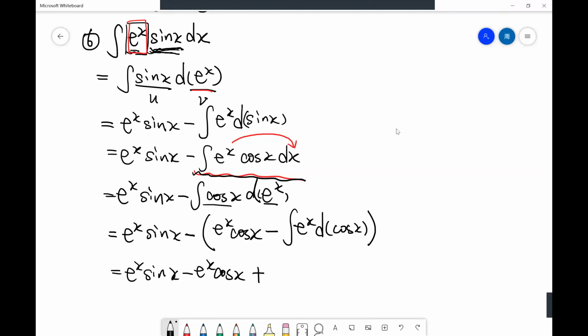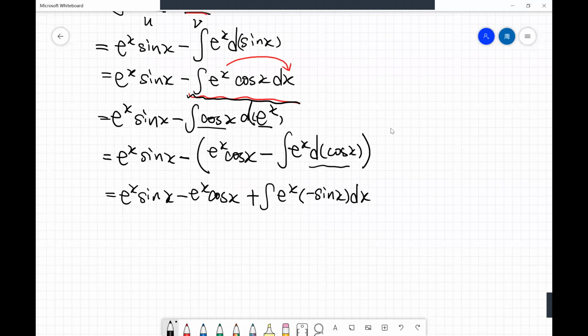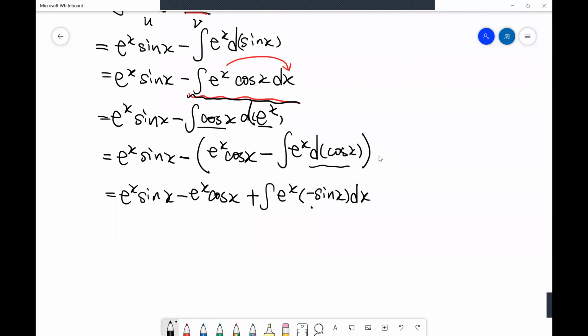Minus makes plus here. e^x d cos x means minus sin x dx, right? And we can take the minus sign outside the integral sign. So that equals e^x sin x minus e^x cos x minus the integral of e^x sin x dx.